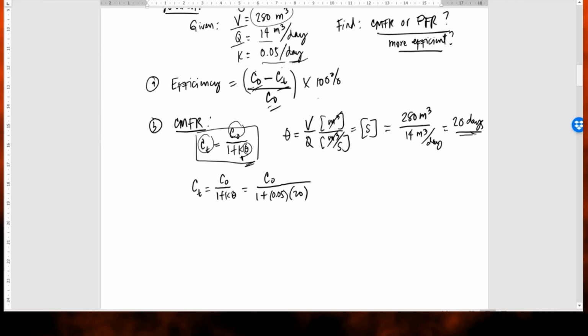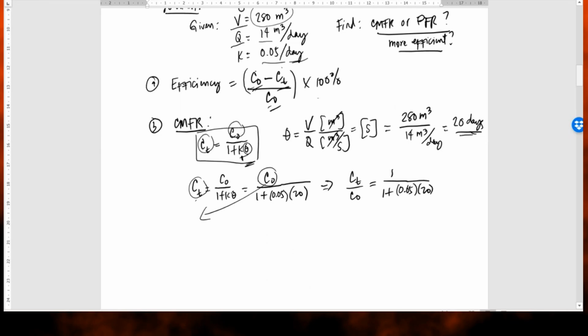We don't know what C naught and C sub T are, so I want to put C naught below C sub T. So it becomes C sub T over C naught equals 1 over 1 plus 0.05 times 20.